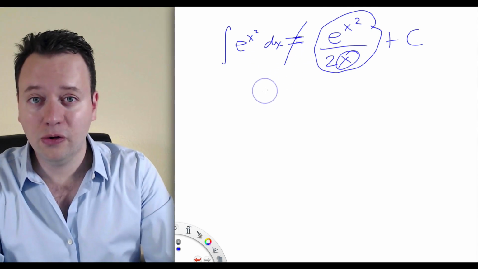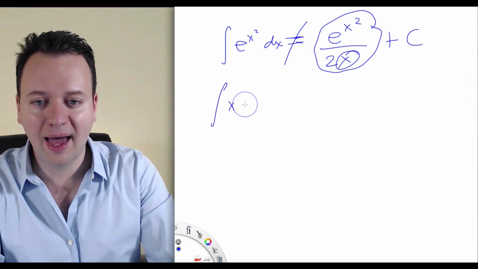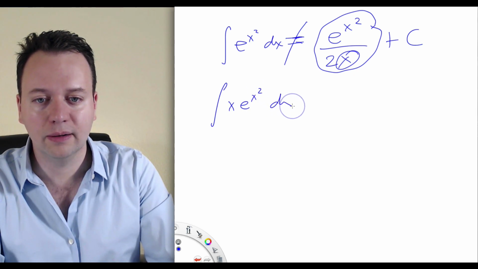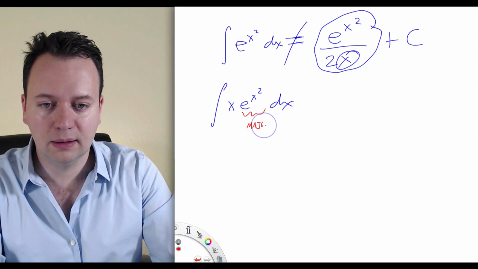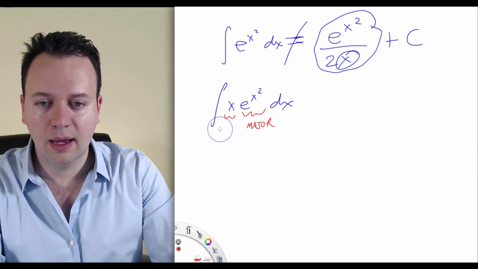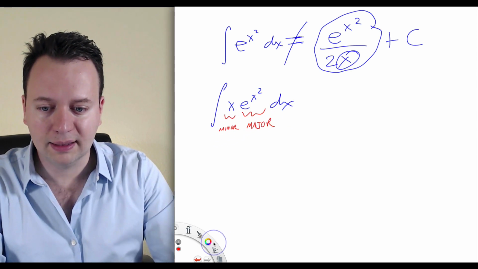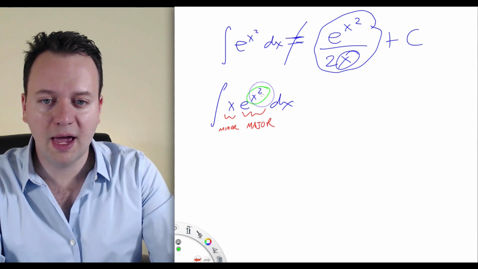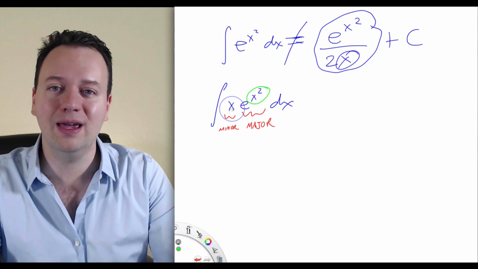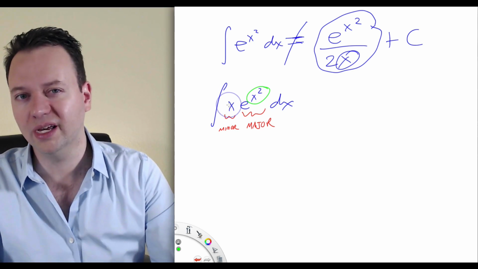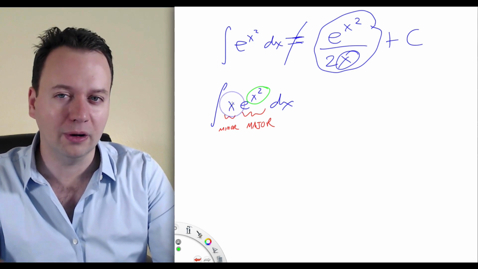Where you can use major-minor is with x e to the x squared. So in this case, the major is e to the x squared, and the minor is the x. Now the inside function of the major is x squared, and the derivative of the inside is essentially right here. It's essentially x. It's actually 2 times x, but it's essentially the same thing up to a constant multiple.